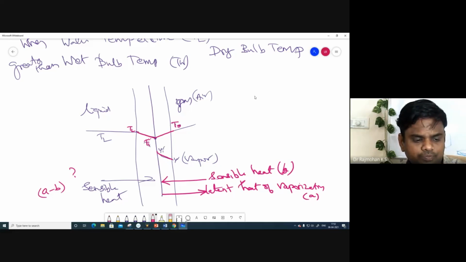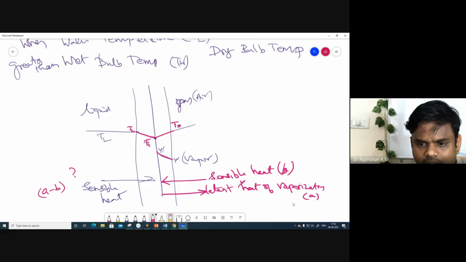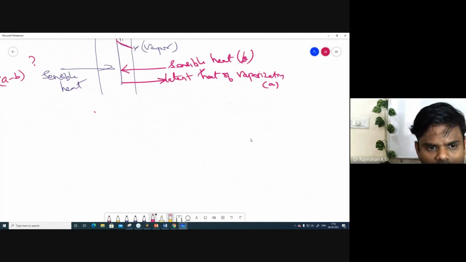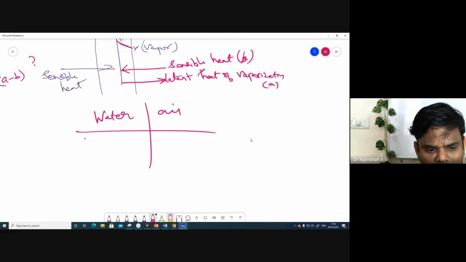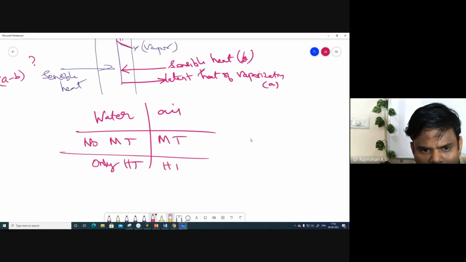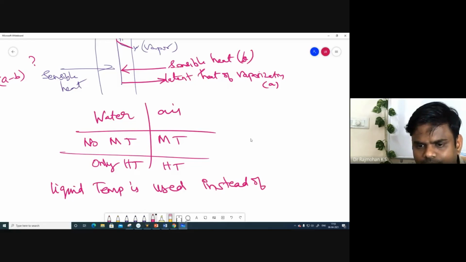So if we consider water and air, there is no mass transfer on the water side, there is mass transfer here in the air, only heat transfer and heat transfer. Therefore the liquid temperature is used instead of concentration in the liquid.